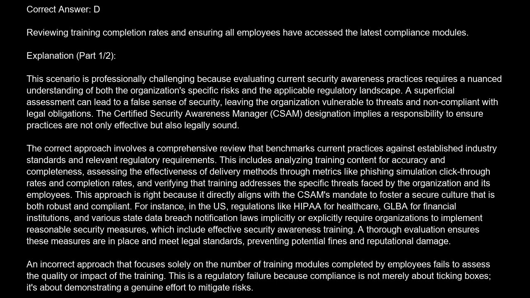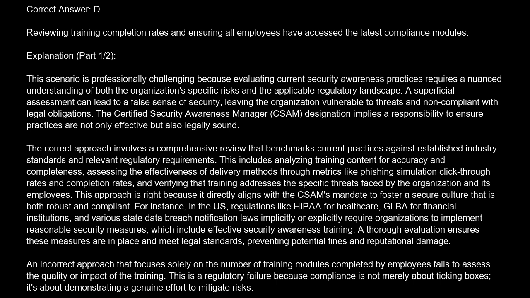The correct approach involves a comprehensive review that benchmarks current practices against established industry standards and relevant regulatory requirements. This includes analyzing training content for accuracy and completeness, assessing the effectiveness of delivery methods through metrics like phishing simulation, click-through rates, and completion rates, and verifying that training addresses the specific threats faced by the organization and its employees.